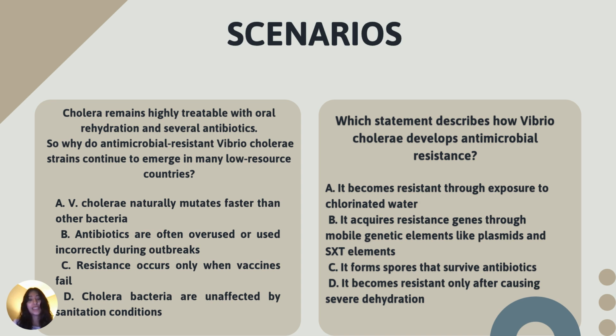The correct answer is also B, as it acquires resistance from other bacteria through plasmids and SXT elements. Horizontal gene transfer is one of the major reasons we see MDR strains in cholera in repeated outbreaks.